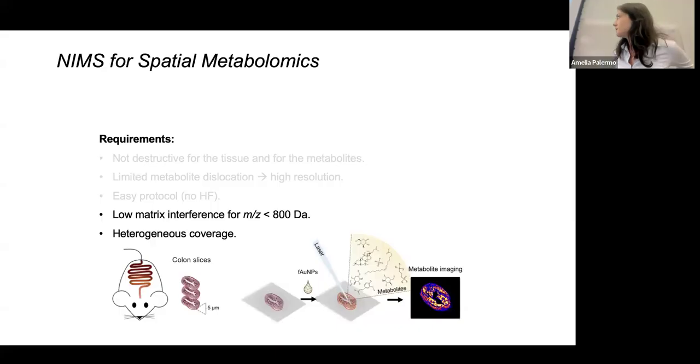This is what we will see in the next slides, looking into the data from this study, and the heterogeneous coverage. For this, we took mice, 3 conditions. We had these colon slices, we covered them with fluorinated gold nanoparticles, and then we performed MALDI analysis with the laser in the source to obtain images like the one reported here.